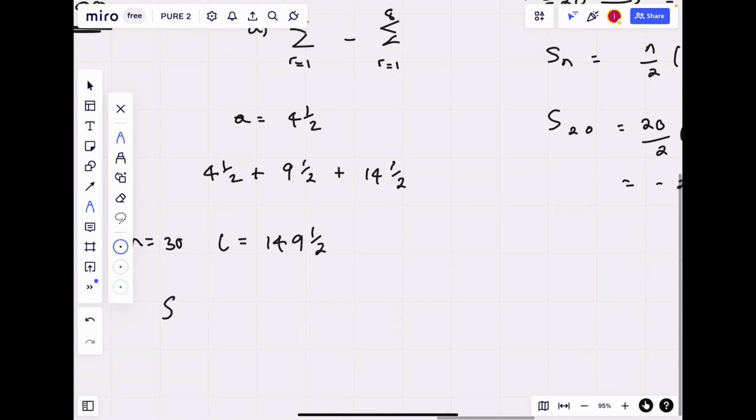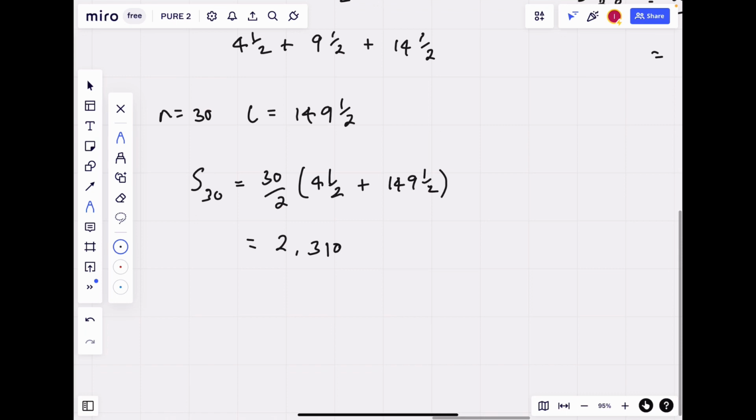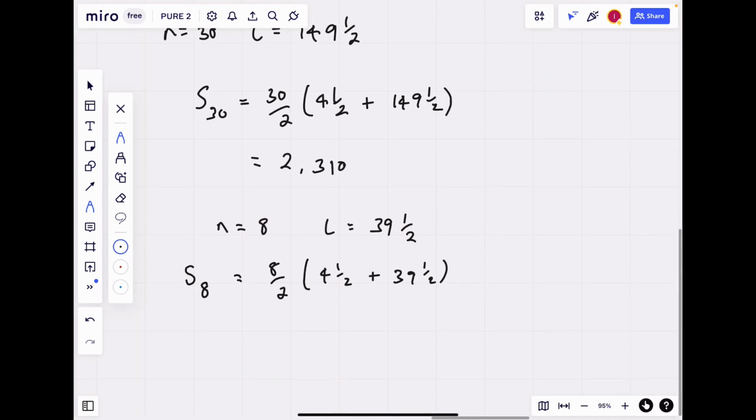Okay, so S30 is 30 over 2 times 4.5 plus 149.5, which gives us 2,310. If we consider n equals 8, the last term in this case will be 39.5. So S8 will be 8 over 2 times 4.5 plus 39.5, which gives us 176.